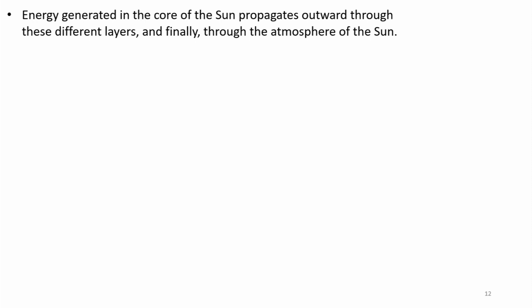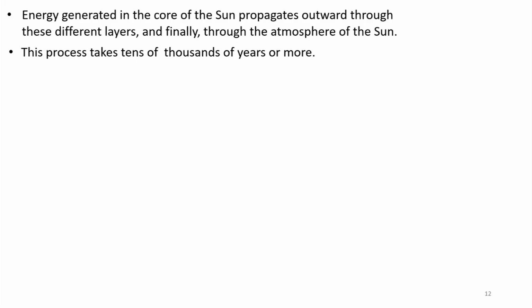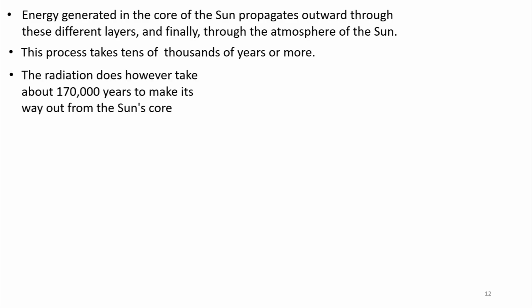So, as we have seen, the huge energy is generated in the core of the sun, and it moves outward through these different layers, which you have already seen, and finally through the outermost layer of the atmosphere, that is the corona. This process takes 1000 years or more, and the radiation itself takes 170,000 years to make its way from the sun's core.